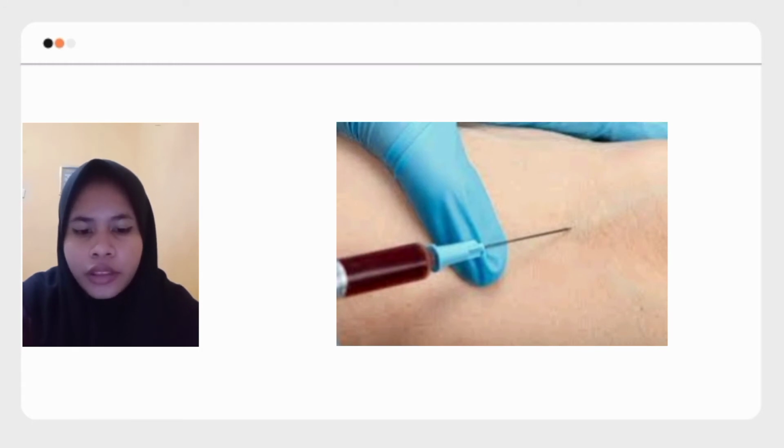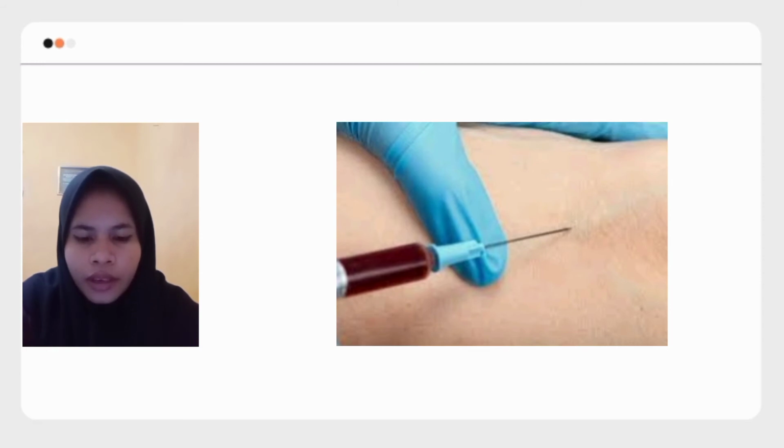Estimation of blood urea level, monoxime diacetyl method or thiosemicarbazide. Urea is a byproduct, the result of protein catabolism in the liver. Urea enters the bloodstream through the filtrate in the kidneys and is excreted with the urine.